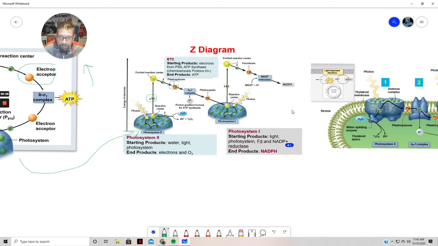Let it go. So we got the electrons up and out of photosystem 2, and now we're at photosystem 1. Again, we're collecting more, and more, and then boom, those electrons are energized, again up and out to an electron carrier.